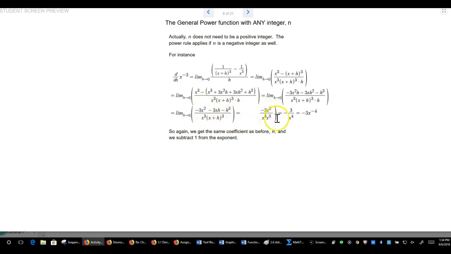So once we take that limit as h goes to 0 in the numerator and denominator, I'm left with minus 3 over x to the 4th once I cancel factors of x. If we rewrite this with a negative exponent, that's minus 3x to the minus 4th. So actually the same process applies: bring down the exponent and subtract 1 from it.